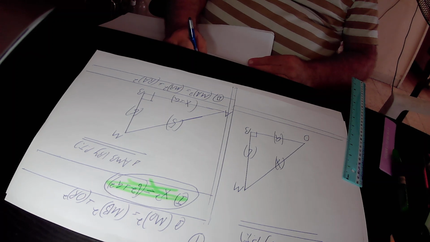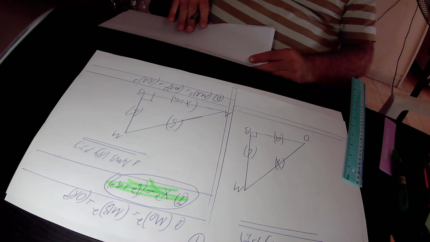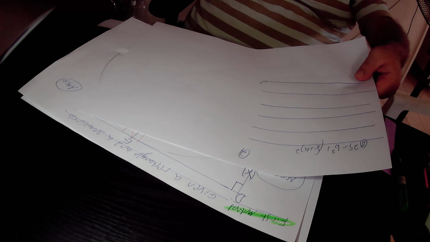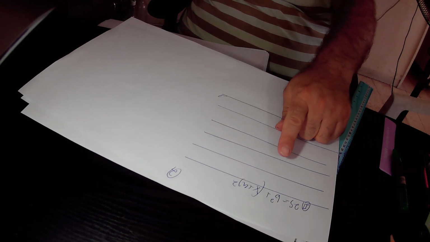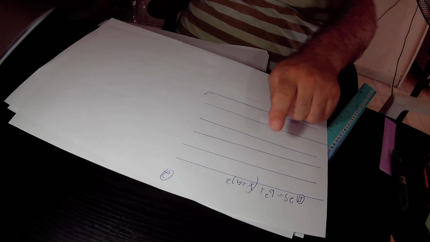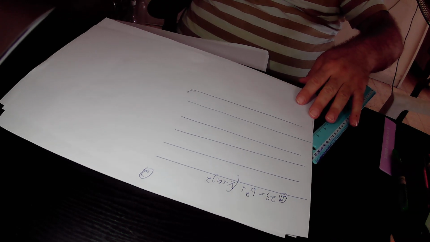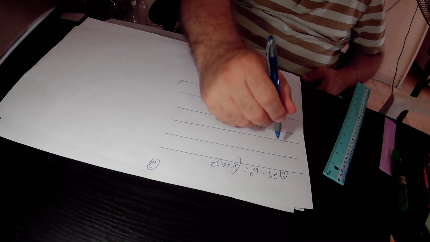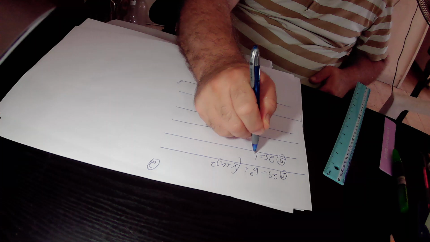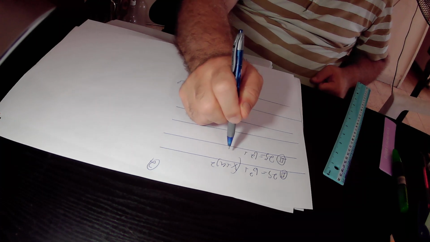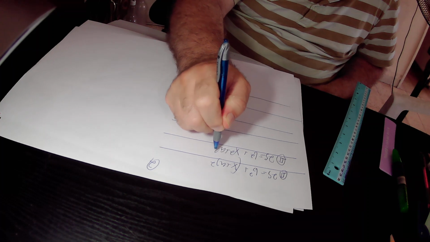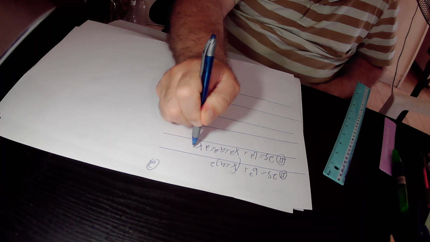So in total, according to equation 2, we found that 25 equals b squared plus (x plus a) squared. (x plus a) squared equals x squared plus a squared plus 2 times x times a.